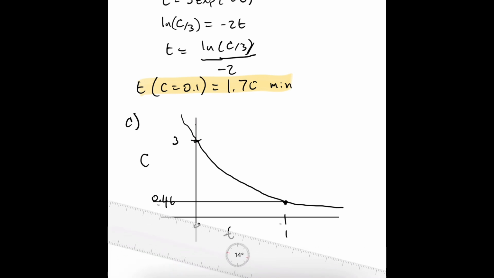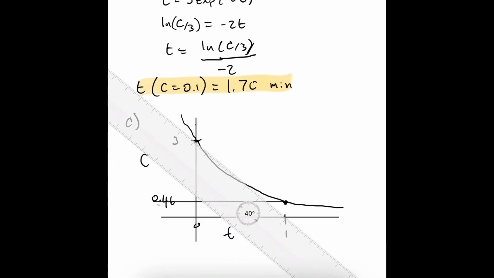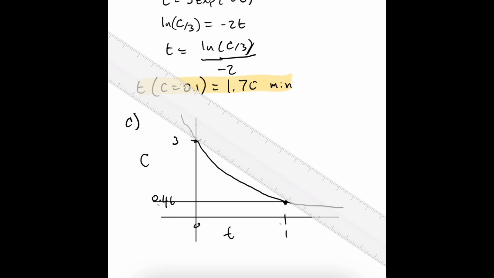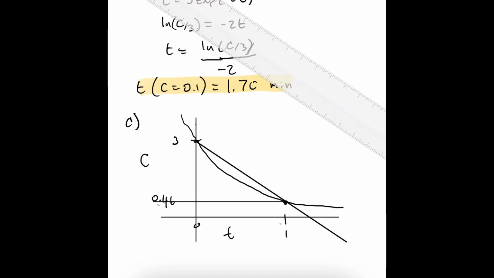Okay, then in part B, we drew a line between these points. We estimated the value of the true function, here highlighted in yellow, by calculating what the values were on the linear approximation of the line.